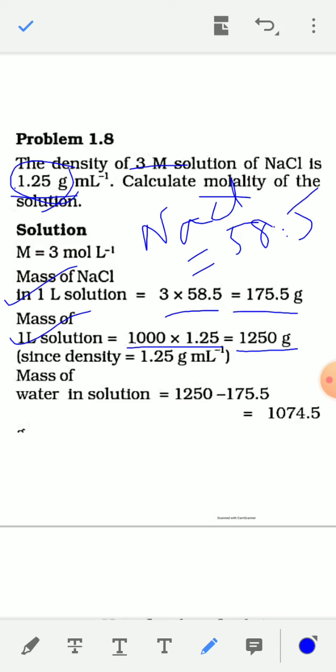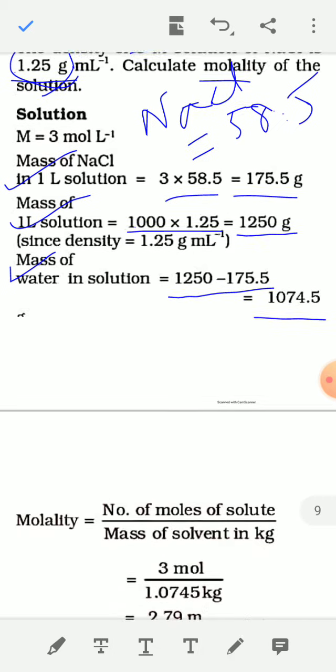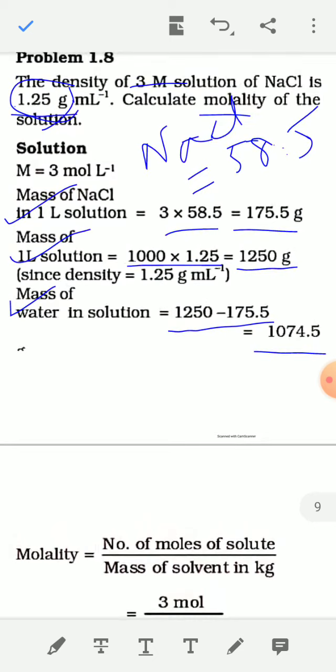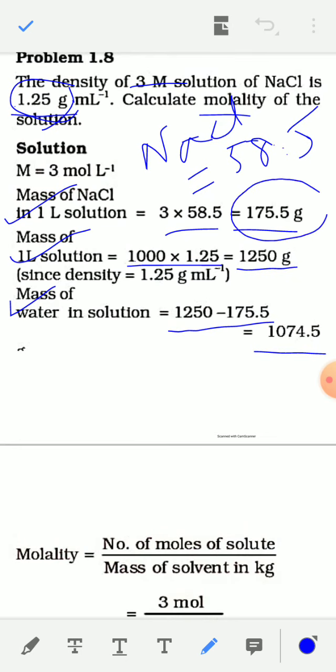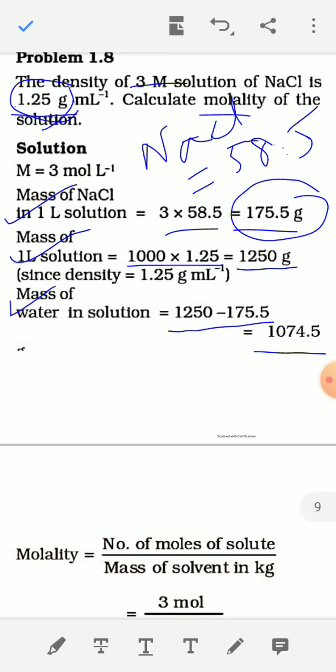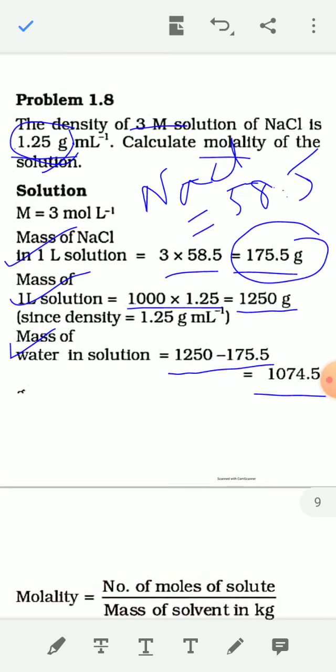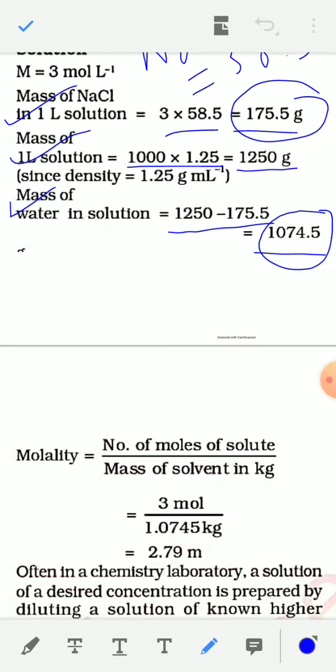1250 gram. So what is the mass of water? Mass of water is the mass of the solution minus the mass of the solute, that is 1250 minus 175.5, that is 1074.5 grams of water present in the solution. You have calculated the mass of NaCl, 175.5 gram, the number of moles of NaCl is 3 mole, and the mass of solvent is 1074.5 gram.